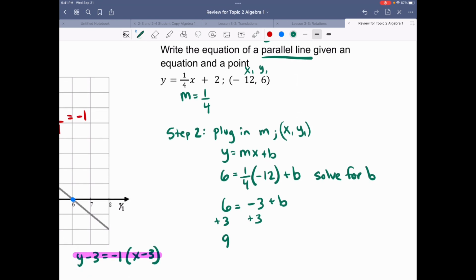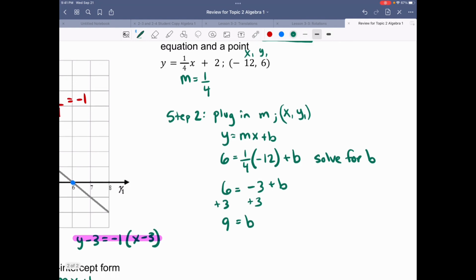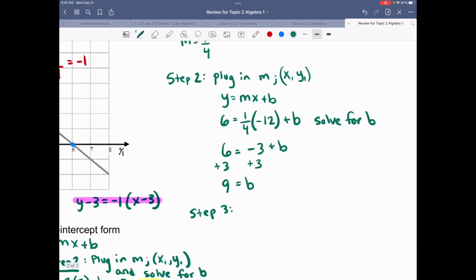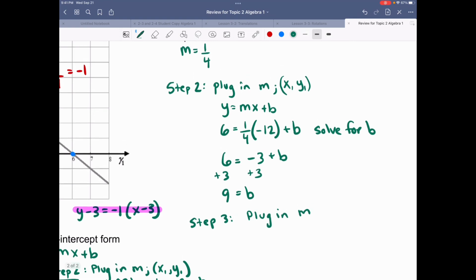That's 9. The 3's cancel, so b is 9. And step 3 is to plug in m, which was 1/4, and b. So y equals 1/4 x plus 9.